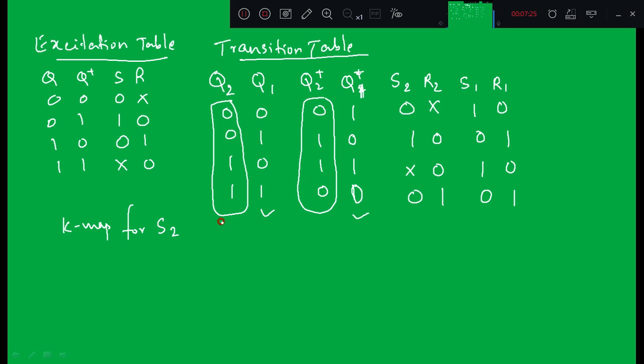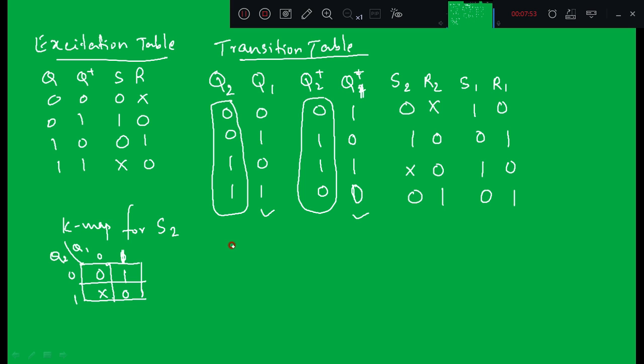Now put K-maps for S2, R2, S1 and R1. There are two inputs, so we need a two-variable K-map. Inputs are Q2 and Q1. For 0 0 it is 0, for 0 1 it is 1, then don't care, and for 1 0 it is 1 here.